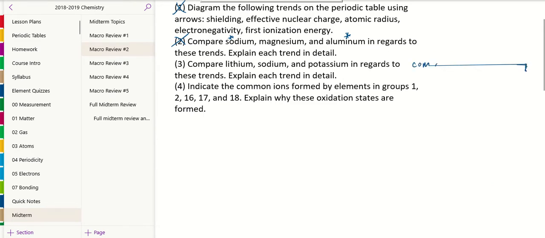Whatever the lowest one is, which is potassium. Potassium has the most shielding. So, if potassium has the most shielding, that means it's going to have the larger radius.